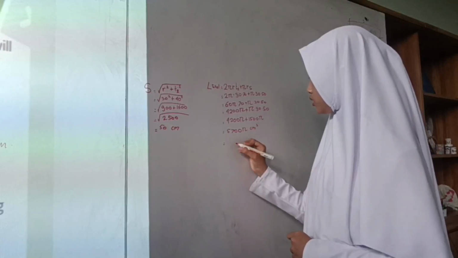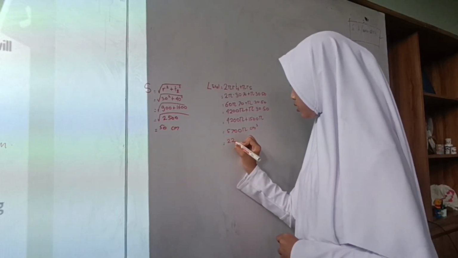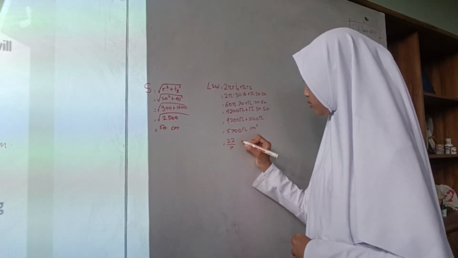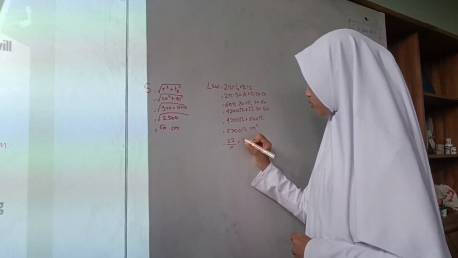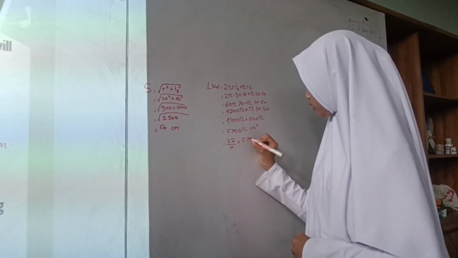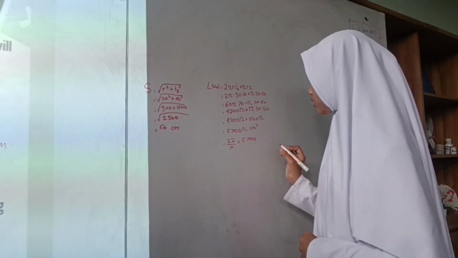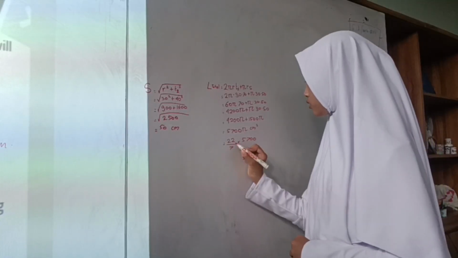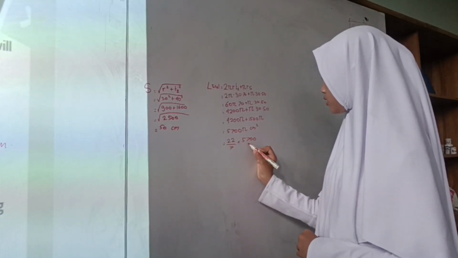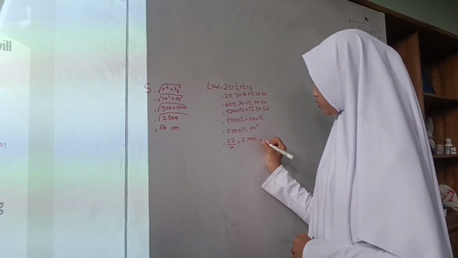So the pi I use 22 per 7. So we will times it with 5,700. So we will times 22 with 57. We will ignore the zeros first.